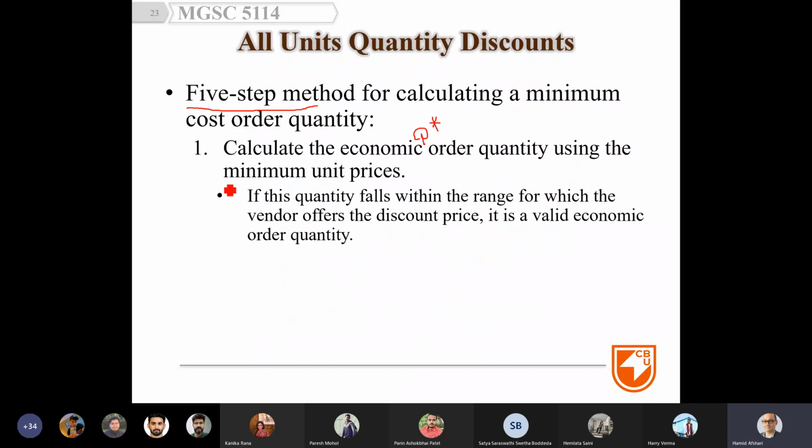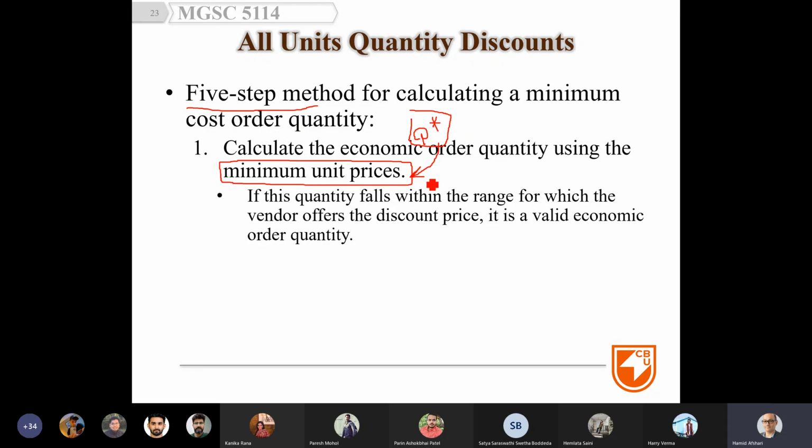What is the minimum unit price? The best discount, yeah? The lowest price. So the first step is to calculate EOQ or Q star for the maximum discount or for the lowest price. You need to calculate it.